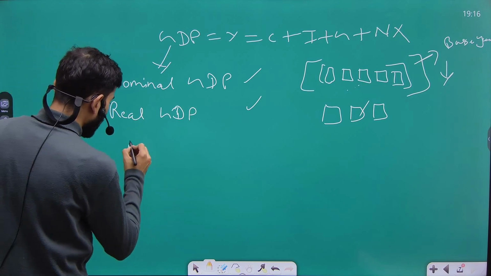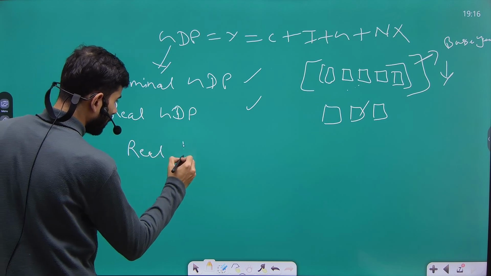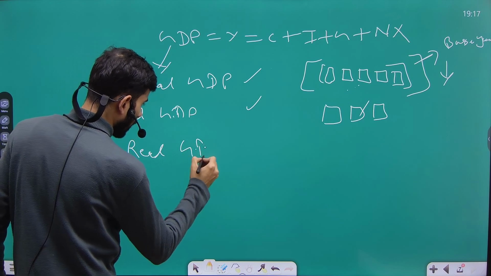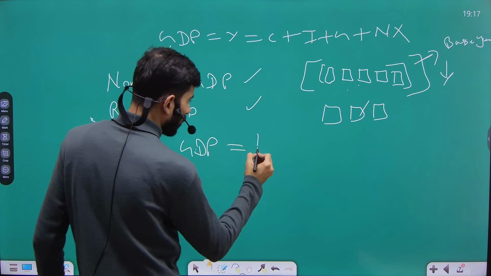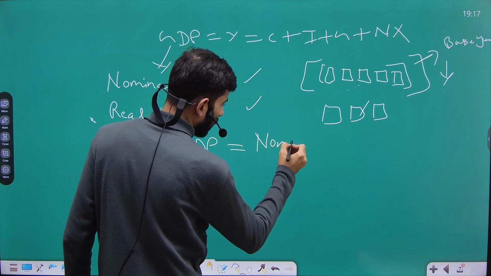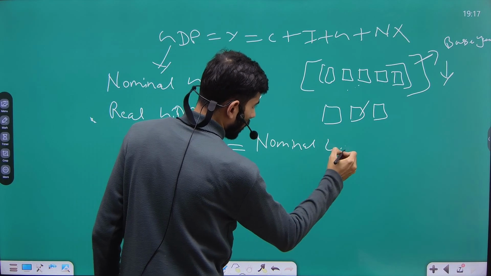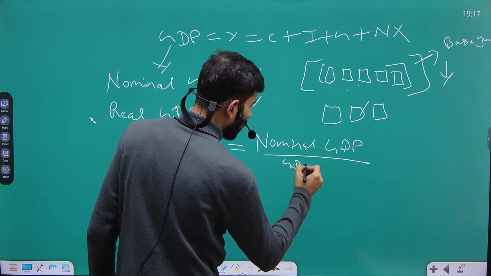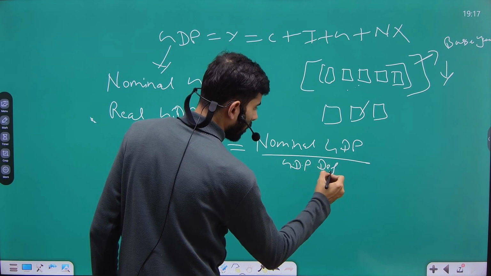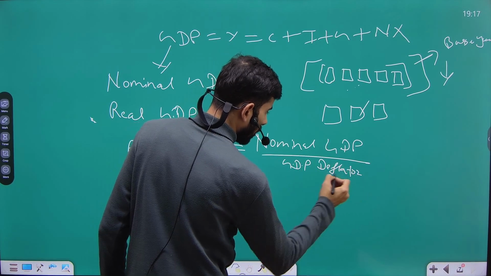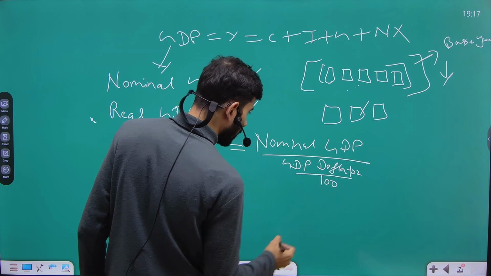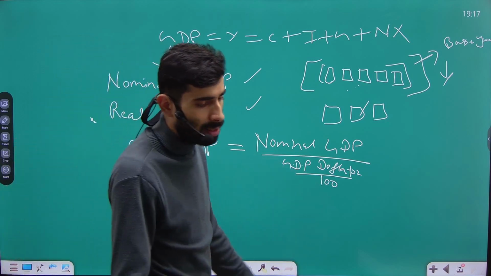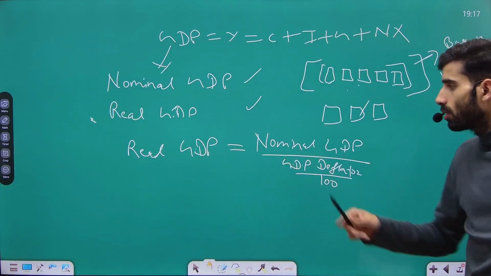So we calculate real GDP as nominal GDP divided by GDP deflator divided by 100. If we divide nominal GDP by GDP deflator divided by 100, then basically we will get our real GDP.